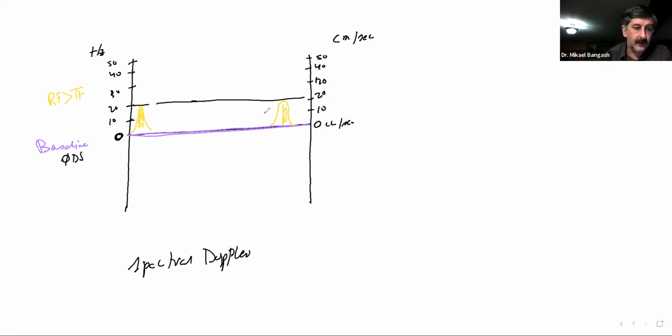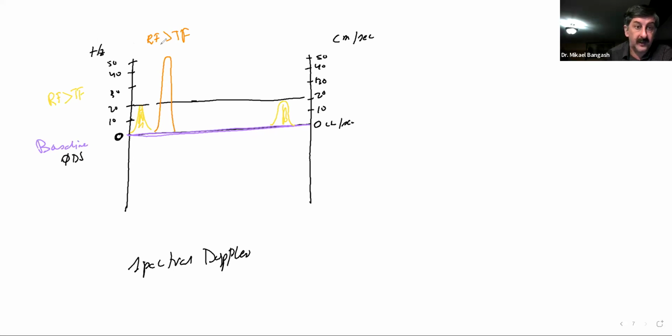Whereas, on the other hand, if we had a great Doppler shift, let's say something like this, where the difference between the two frequencies was 50 hertz, for instance. We still stay with the reflected frequency greater than the transmitted frequency, which makes it positive.